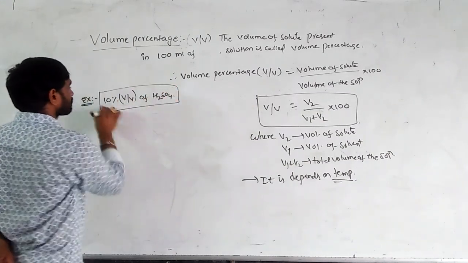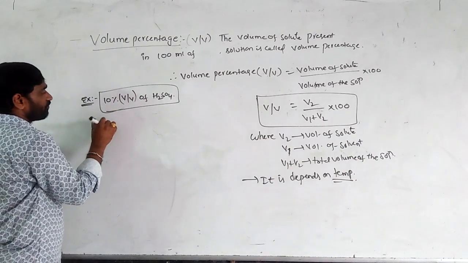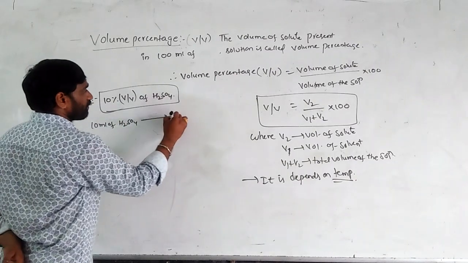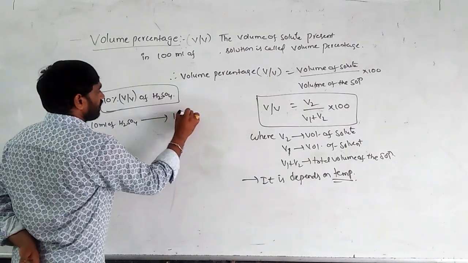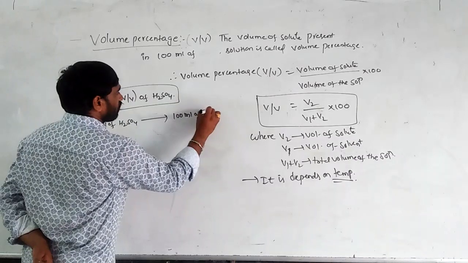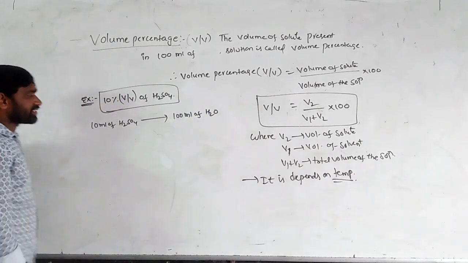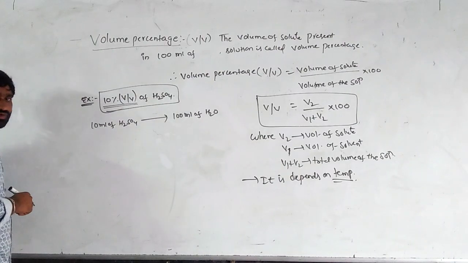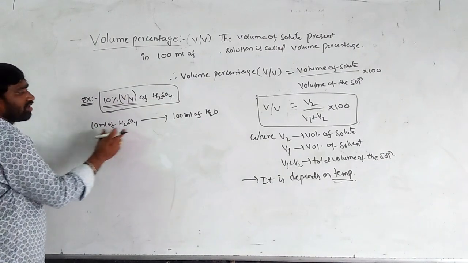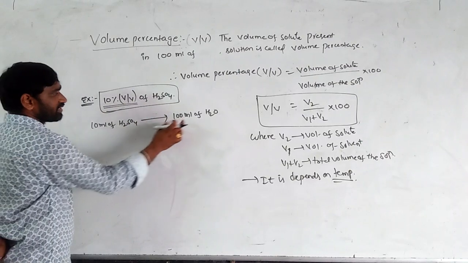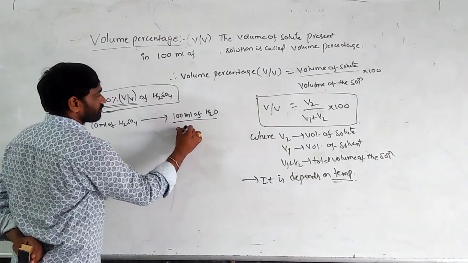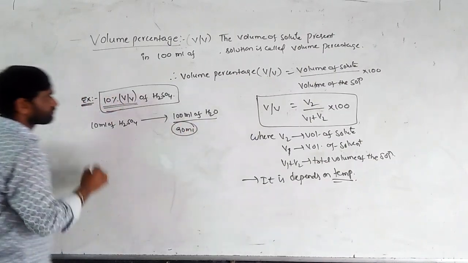It means 10 ml of H2SO4 present in 100 ml of water. Okay, students, 10% volume by volume of H2SO4 means 10 ml of H2SO4 present in 100 ml of water. That means 90 ml.